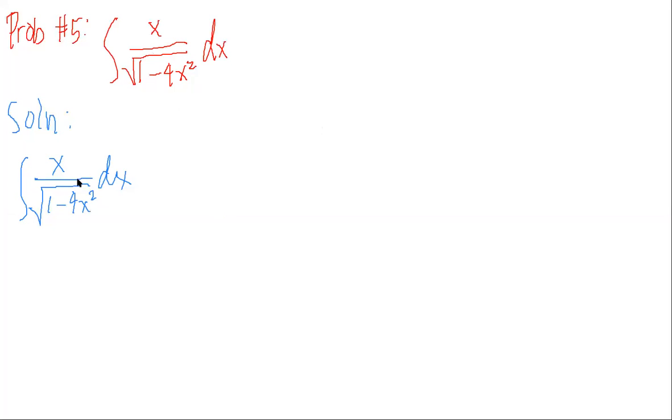That's the integral of x over the square root of 1 minus 4x squared dx. So in this case, now let's try to analyze the given integral. Look at the denominator.